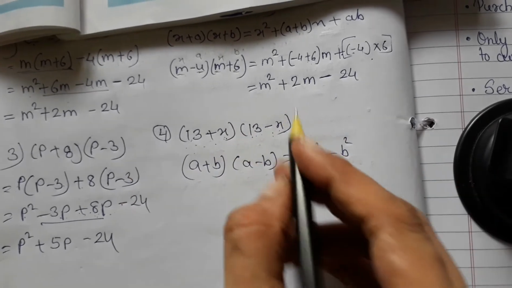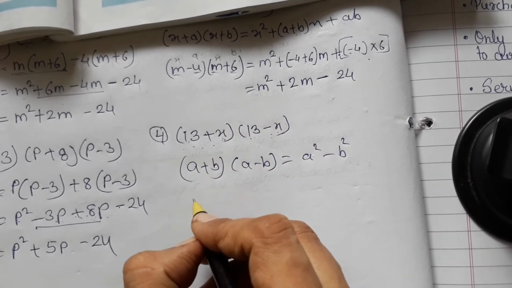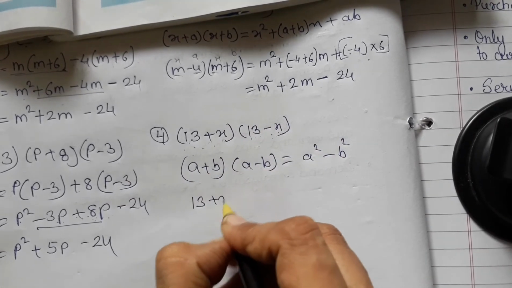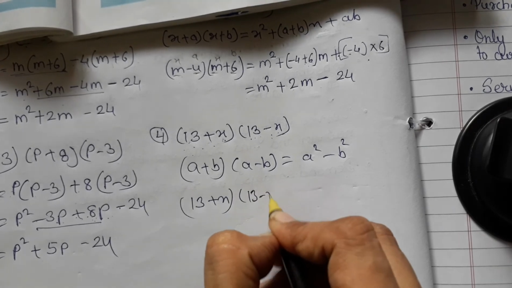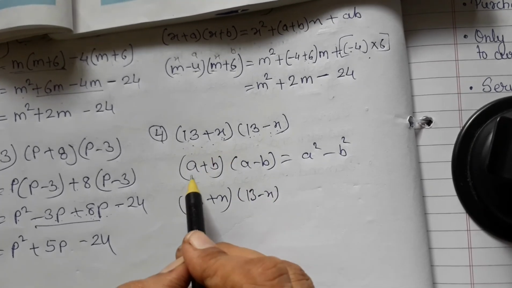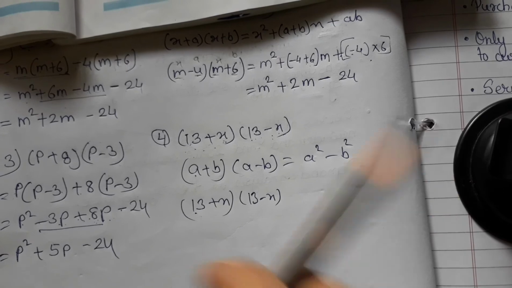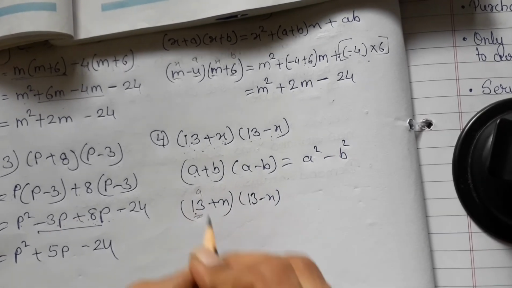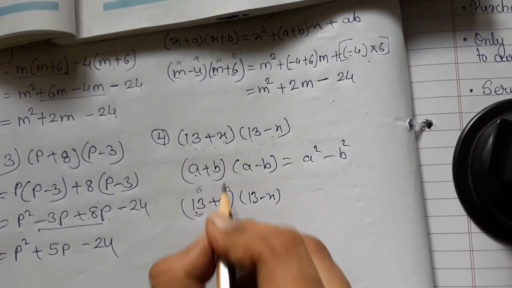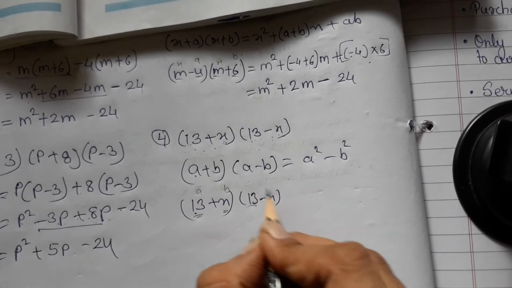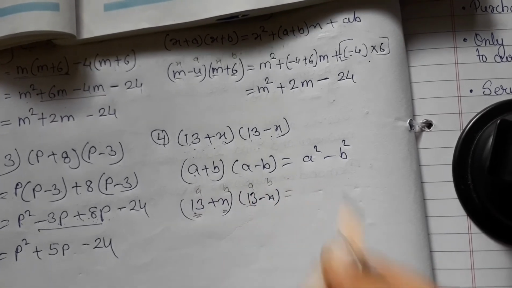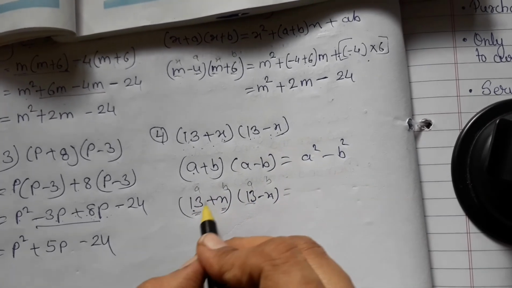Using this formula we can solve this. So 13 plus x, 13 minus x. 13 is a and x is our b. This is a, this is b. So use this formula directly.